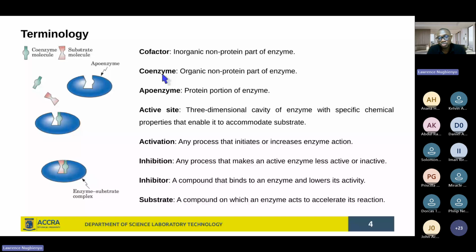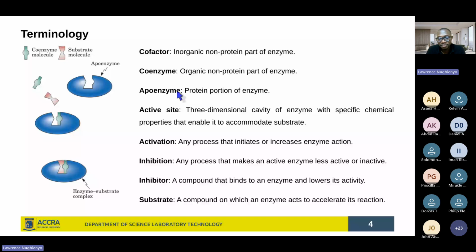And we'll also see soon that the coenzymes are mostly some derivatives of vitamin Bs. Then we see apoenzyme. So apoenzyme refers to the protein part of the enzyme. That's the protein itself, that either a cofactor or coenzyme is binding to make it active.